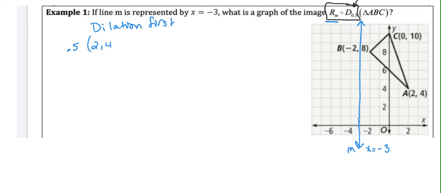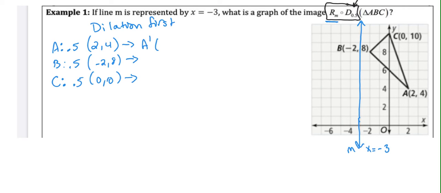So 0.5 times 2, 4 for A. B is 0.5 times -2, 8. And C is 0.5 times 0, 10. And then after the dilation, we get A prime is 1, 2 because it's half of 2 and half of 4.